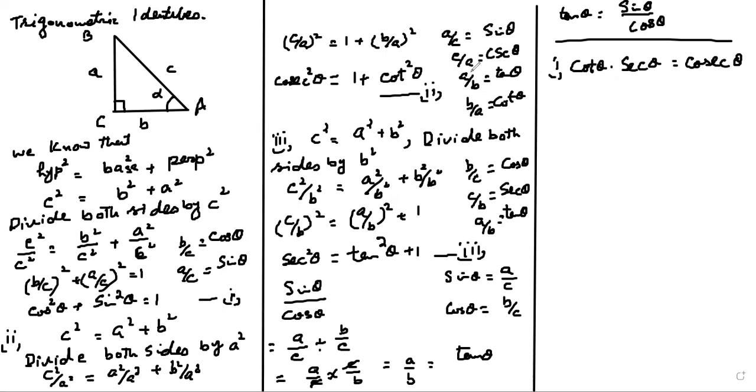Cotangent theta equals this B over A, and cosecant theta equals C over A. I will use these values. So cotangent theta equals B over A, multiplied by secant theta, which equals C over B. So these two got cancelled. So it equals C over A, which equals cosecant theta.